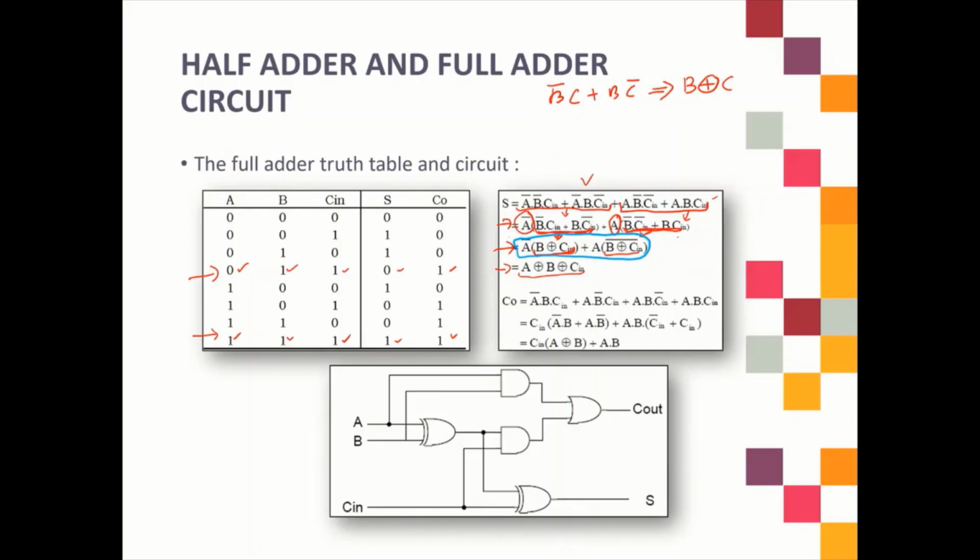Same with this one, XOR. Why? So I write down here again, A bar will be XOR with C, plus A, B XOR with C.